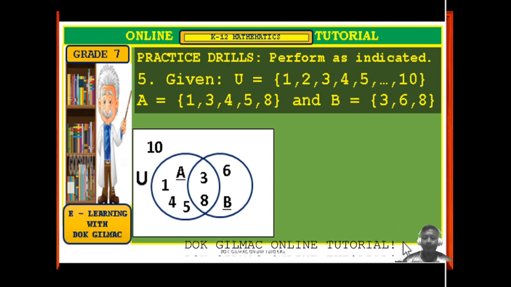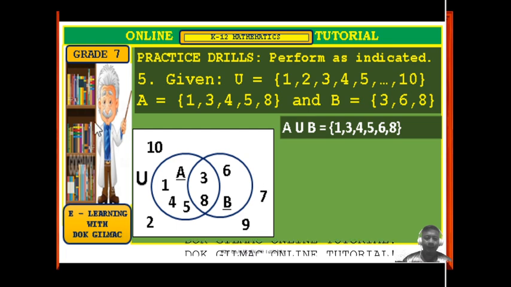Okay, so we have here all the elements of the universal set, set A and set B. So A union B here, just combine all elements of A and B. So we have 1, 3, 4, 5, 8, and 6. Okay, the arrangement is not necessary. You can actually jumble this, in any particular order.